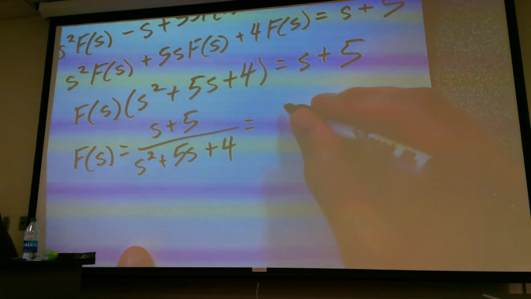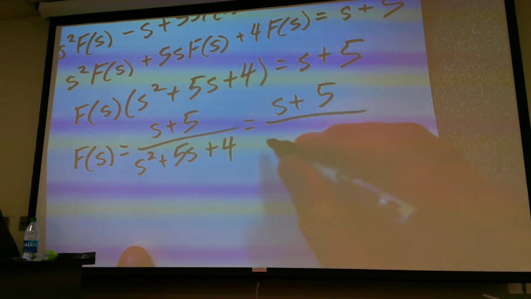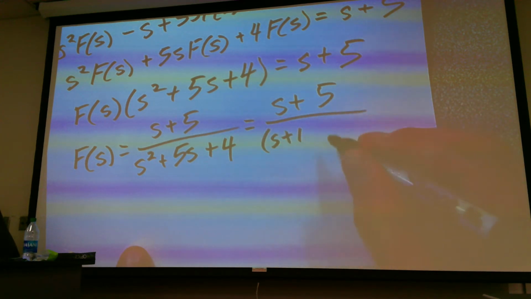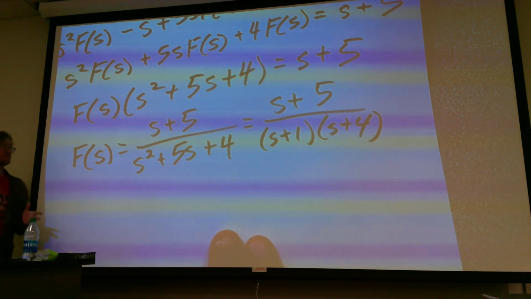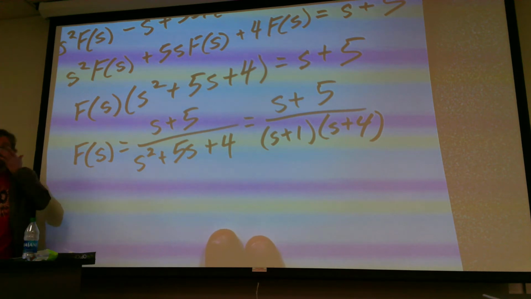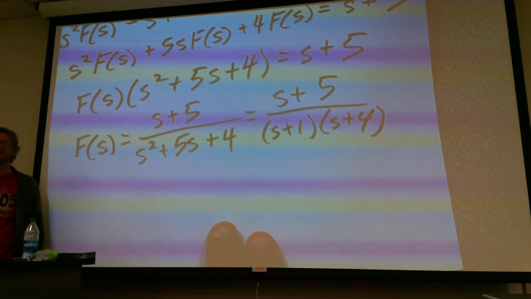So that becomes s plus 5 divided by s plus 1 times s plus 4. Okay. So we want to do the inverse Laplace transform on this thing, but what we have to do is, once again, partial fraction decomposition to break this apart and do the inverse transforms on each of the pieces.